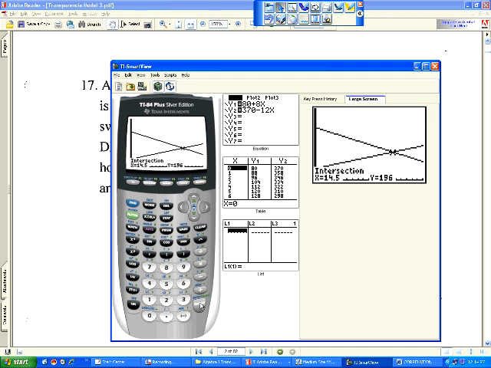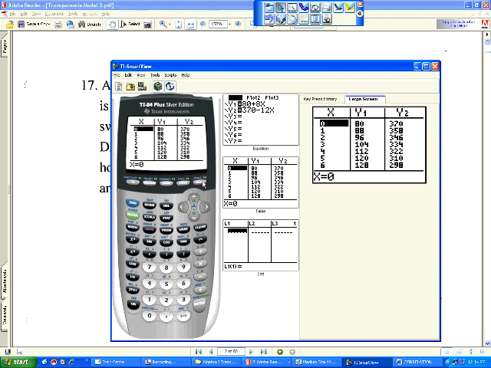We could also look at our table. If we look at a table, we can hit second graph, and we can find out where my y's are the same. If I go down, they're getting closer and closer together. What you'll notice is that somewhere between 14 and 15 is where they passed.